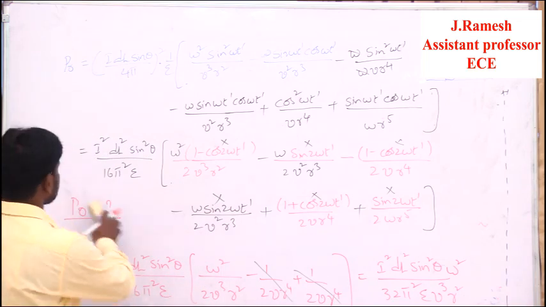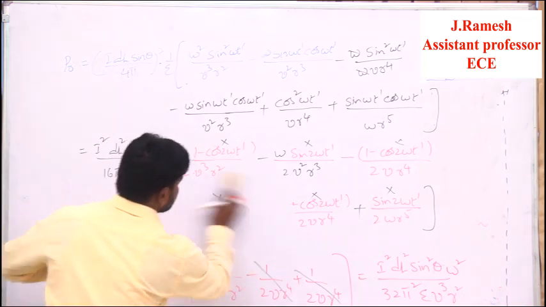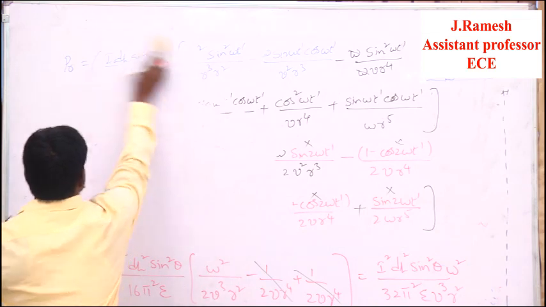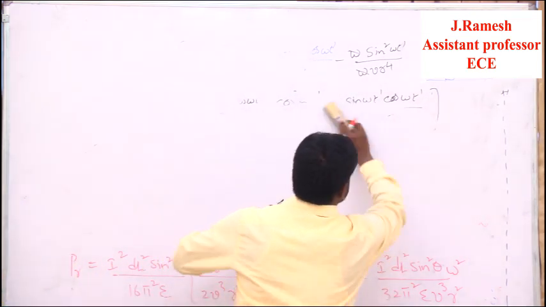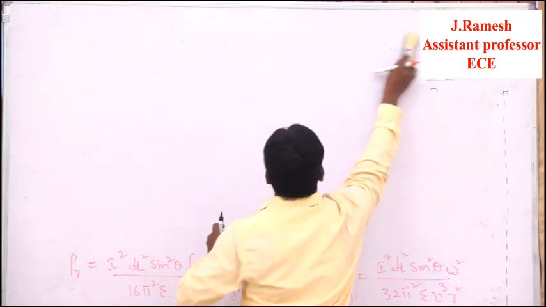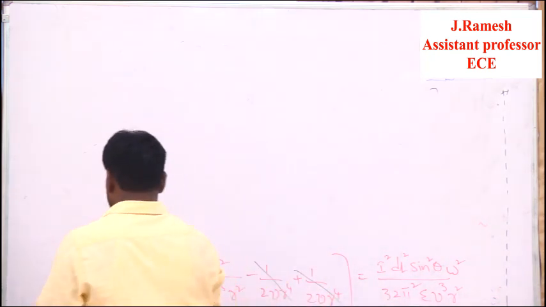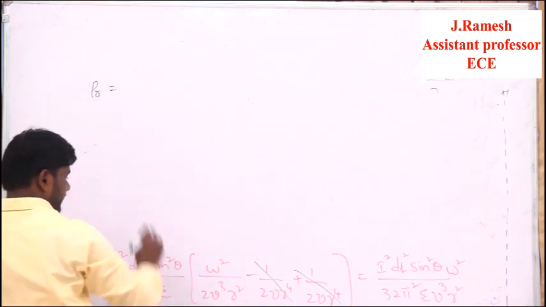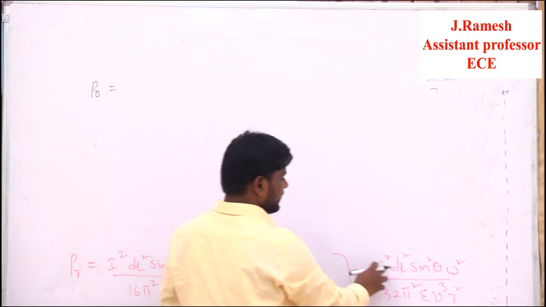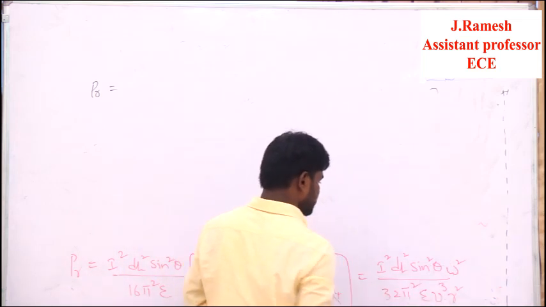So now, the final expression for the PR, I got it. I am just going to rewrite that expression. What is PR? I want to do some modifications in that equation. Here the PR expression is given as I square dl square sin square theta omega square.